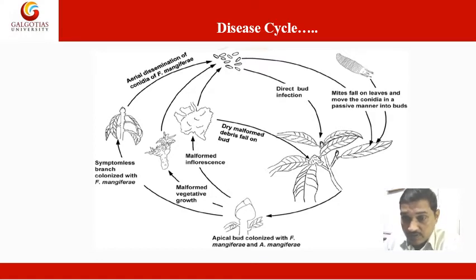a graphical portion. Apical bud colonized with Fusarium mangiferae and Acaria mangiferae. This causes the infection to start.